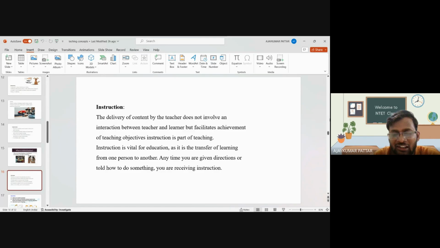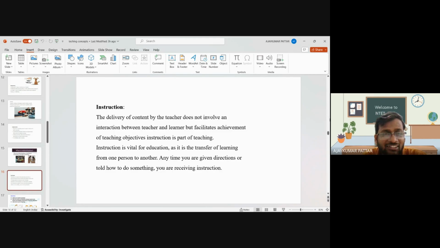When we use the term instruction, for example in an exam, instructions for candidates: how to come for the exam, what time to come, how to do it, we are instructing. The teacher and learner interaction is not there, but the teacher instructs, the students follow, and they achieve the ultimate goal. That time we call it instruction.